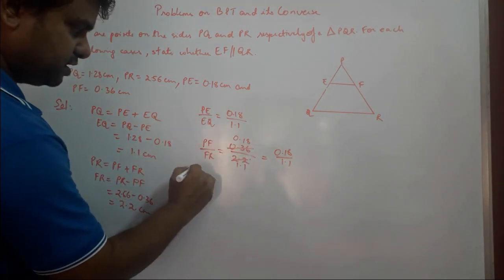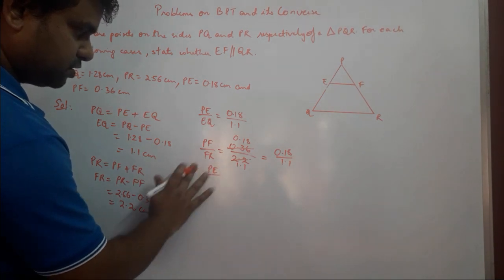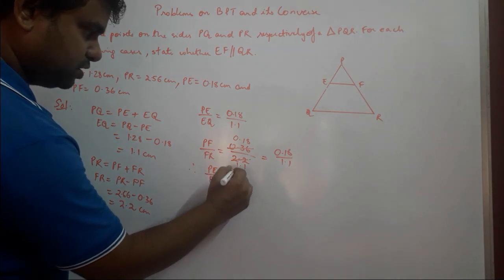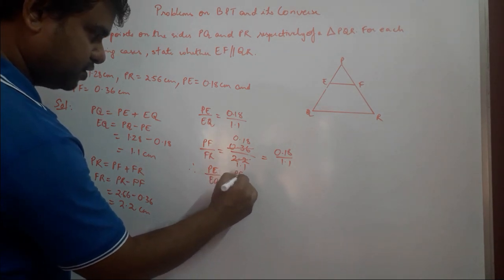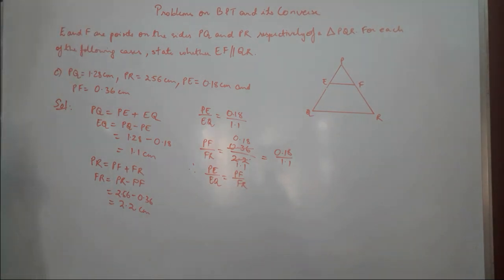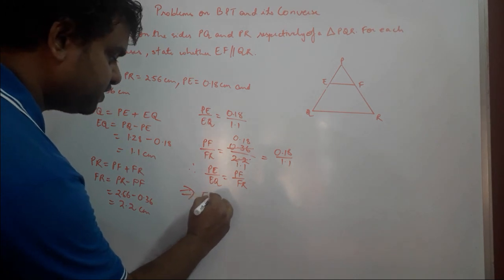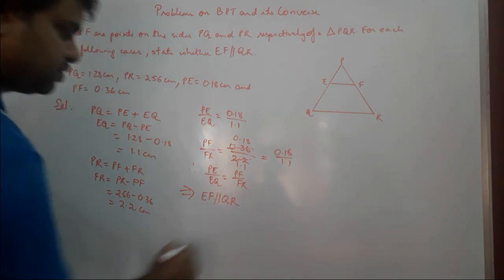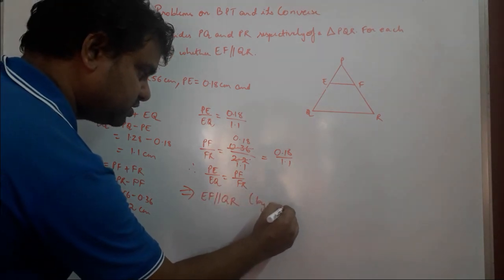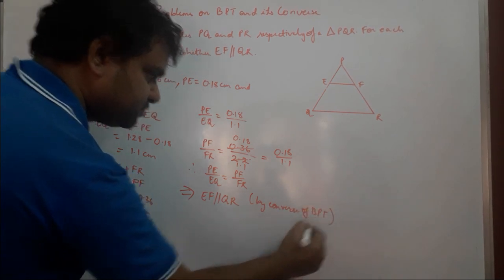So we say this implies that PE upon EQ is equal to PF upon FR. Okay, so we can say this implies that EF is parallel to QR. How? By converse of BPT. Correct?